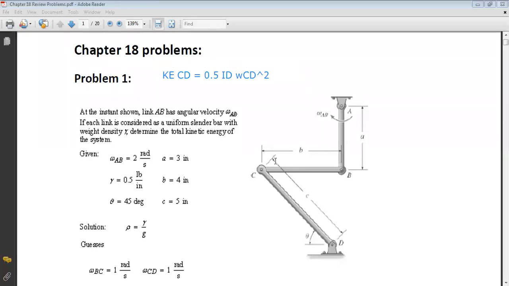Once we know the magnitude of VC, we can deduce omega CD, which is VC over the distance between C and D. And then we can add the three kinetic energies to find the total kinetic energy of the system. Any question on this?